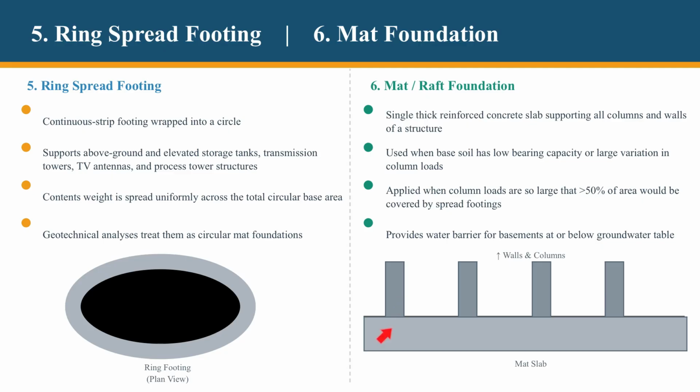If the required area of the individual column footings is more than 50% of the area, then instead of providing an individual footing for each column, we simply provide a combined common footing for all the columns in the complete area, and that is known as raft foundation.